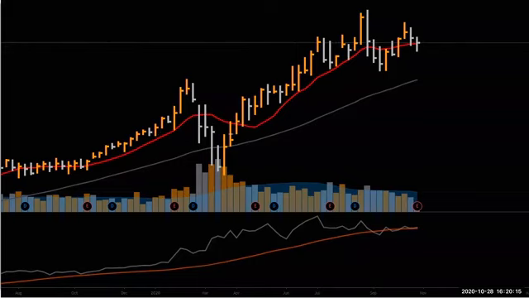So even if this base didn't really undercut anything from back here, this would still be considered a fresh uptrend, and anything in here would still be a first stage base.